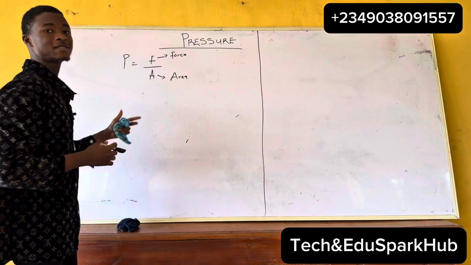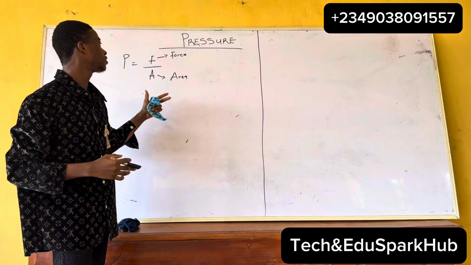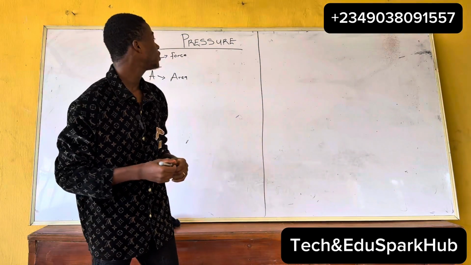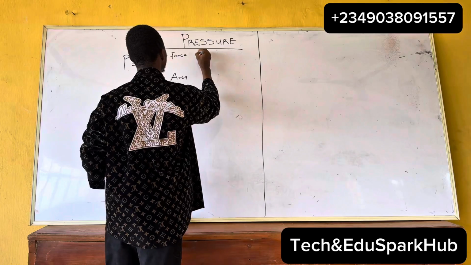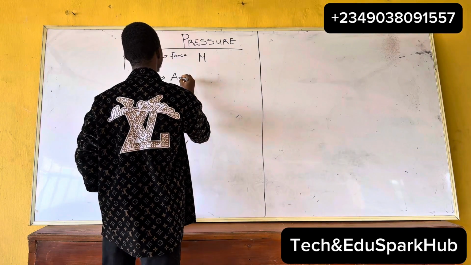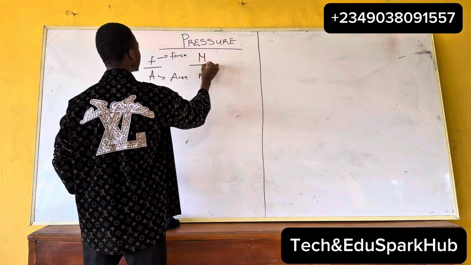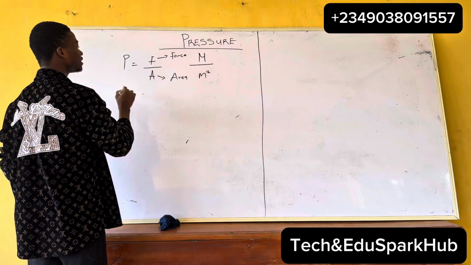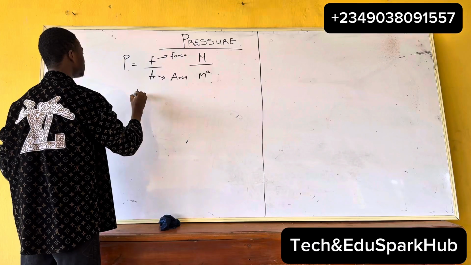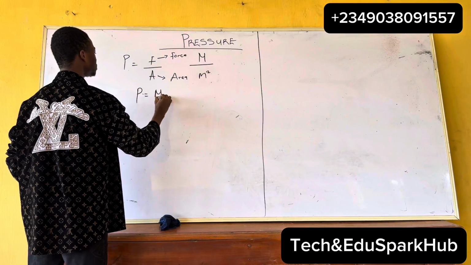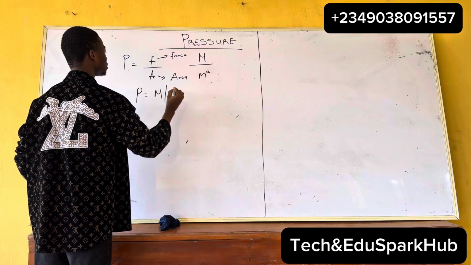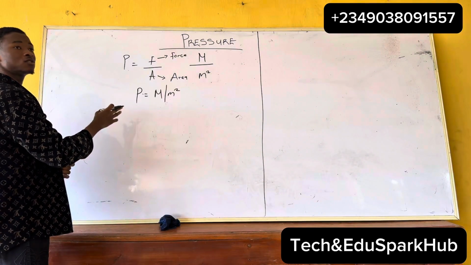This is the mathematical representation of pressure in a solid. And we know that force is measured in Newton, and area is measured in meter square. So the SI unit for pressure is Newton per meter square.